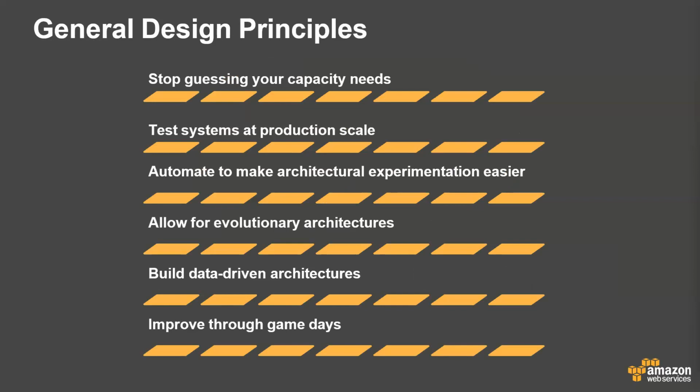And the first one is stop guessing your capacity needs. So what does this designing principle mean? Let's take, for instance, you have an application that needs to be hosted on AWS cloud. You first need to understand what sort of services we are going to use that support your application.